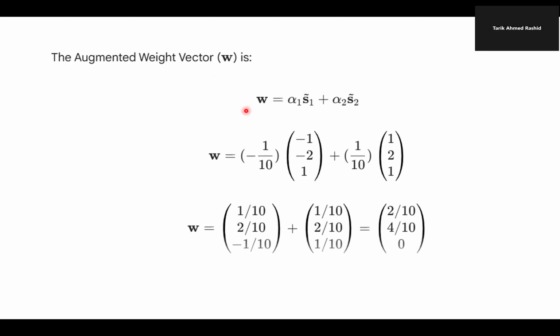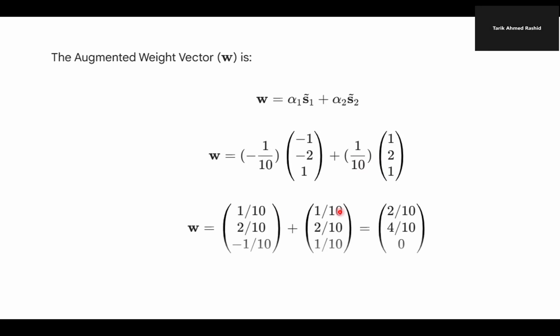Now we get the W, which is sigma alpha times support vector. So alpha 1, which is -1 over 10, multiplied by -1 gives 1 over 10, multiplied by -2 gives 2 over 10, multiplied by 1 gives -1 over 10. Likewise alpha 2 support vector 2: 1 over 10 multiplied by 1 is 1 over 10, multiplied by 2 is 2 over 10, multiplied by 1 is 1 over 10.